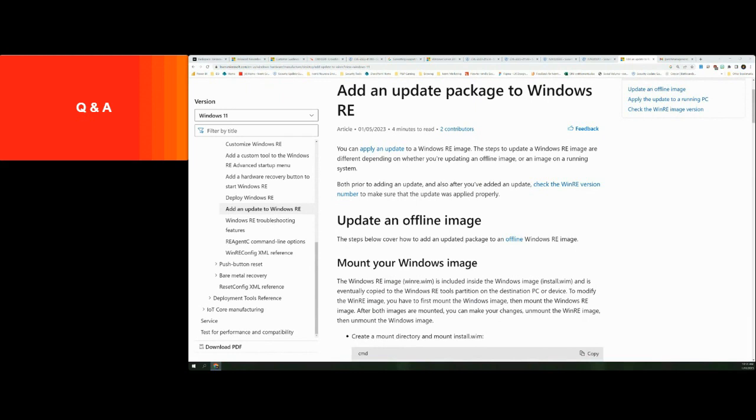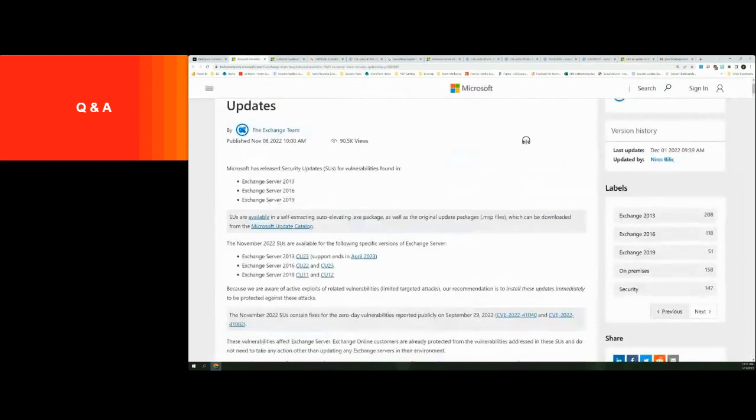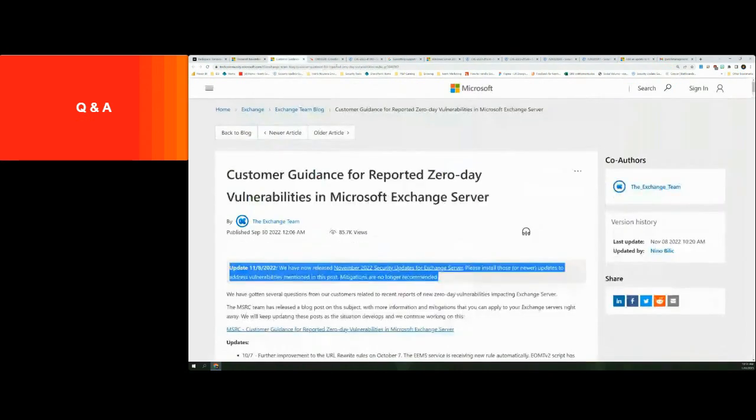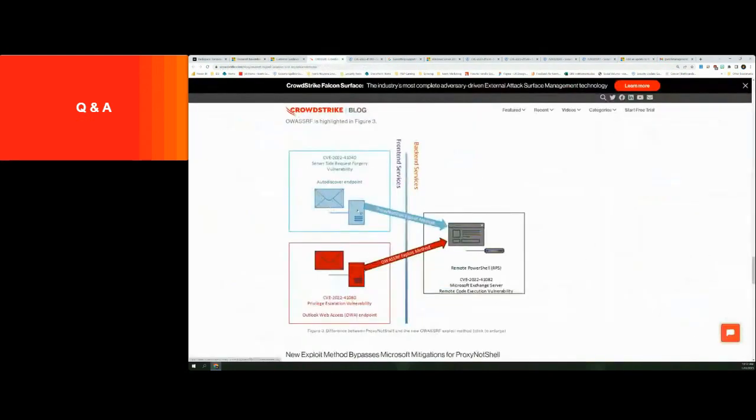The CVE for the November 2022 vulnerability. Again, Michael, I'm guessing you're talking about the Exchange CVE, or one of the many November CVEs we talked about? I apologize. Maybe ping me with which vulnerability you were asking about. Was it the Exchange one, or one of the other re-releases?